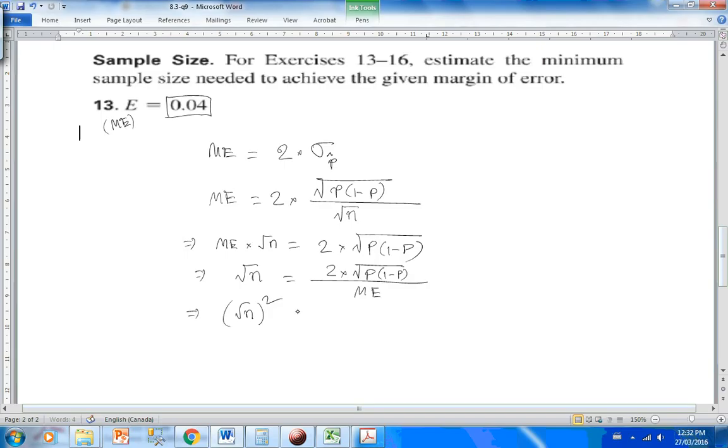n turns out to be 2 times square root of p times (1 minus p), this whole thing squared, divided by margin of error whole squared.